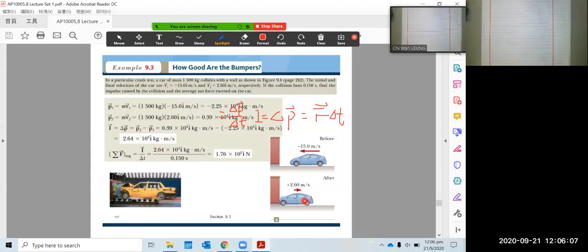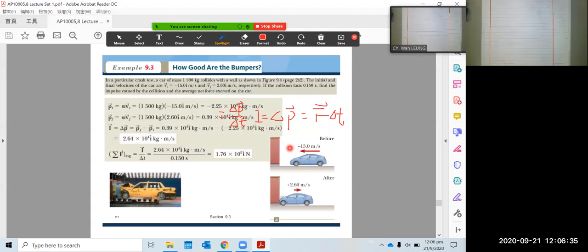Nothing, however, is said on how the change comes. It could be the car hitting a wall, so it takes 0.001 second for the car to stop. So for the same impulse, it could be a very large force happening over a short time.